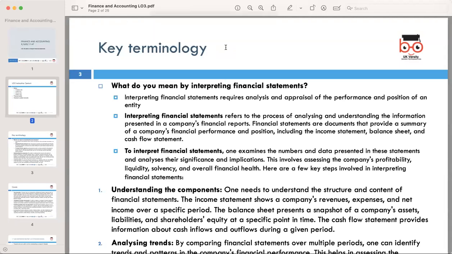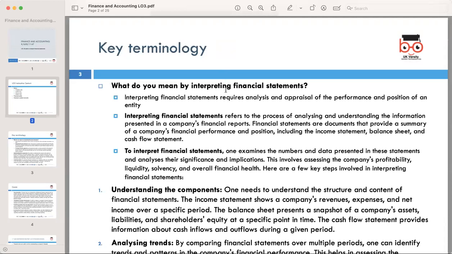Let's go through the key steps involved in interpreting financial statements. First, it is important to understand the components of financial statements. The income statement shows a company's revenue, expenses, and net income over a specific period.